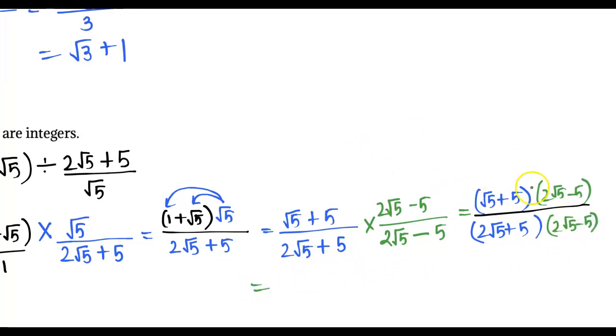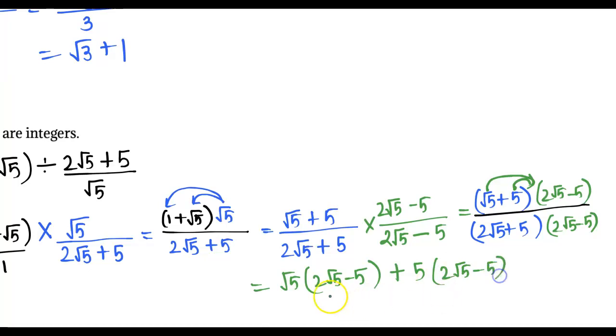If you simplify it more, in the top, root 5 is going to be multiplying the whole bracket, so it's root 5 times 2 root 5 minus 5, plus 5, this 5 is going to be multiplying the whole bracket 2 root 5 minus 5. Over the bottom, you would understand it would be 2 root 5 squared minus 5 squared.